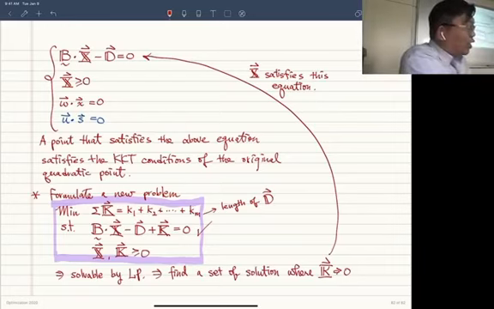And that basically is satisfying what we had earlier at the beginning of QP.